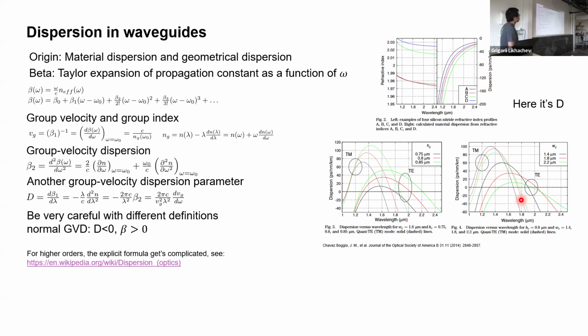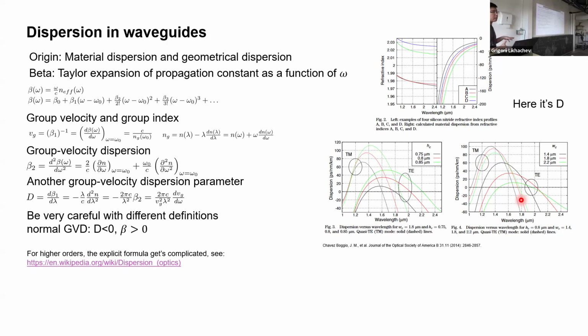You can think of the source of the geometric dispersion intuitively like this. If you have a dielectric that has a higher index than the surrounding cladding, and your wavelength is shorter, then the light can be more confined in the core of the waveguide.